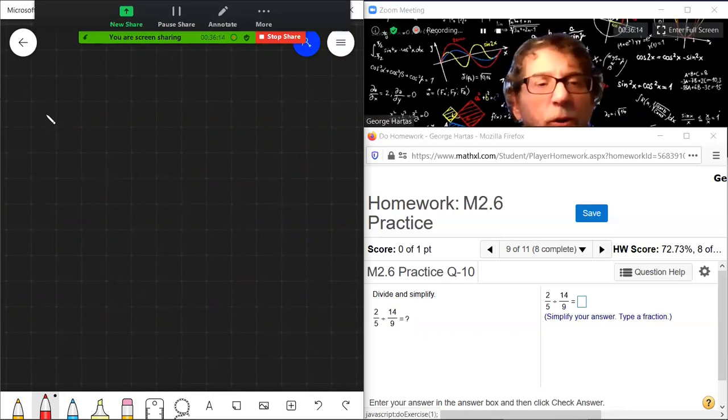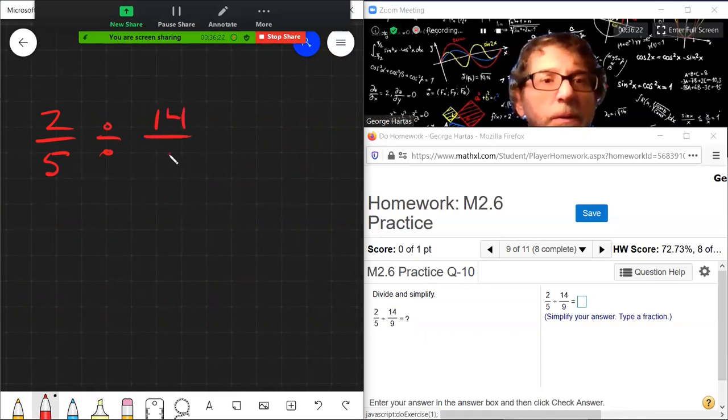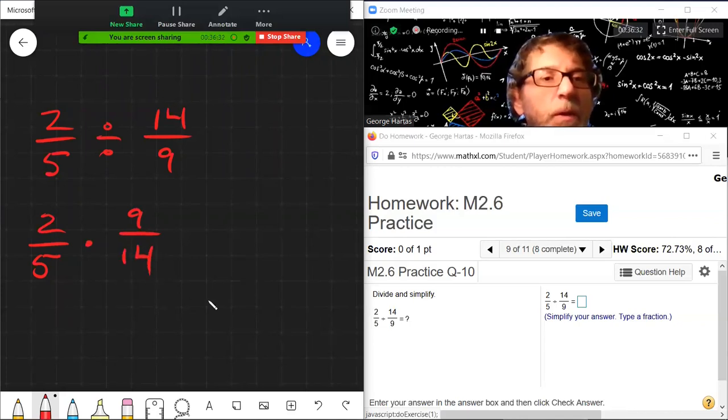All right, so we have 2/5 divided by 14/9. Keep, change, flip. Nothing has changed. Keep, change, flip. That reduces.